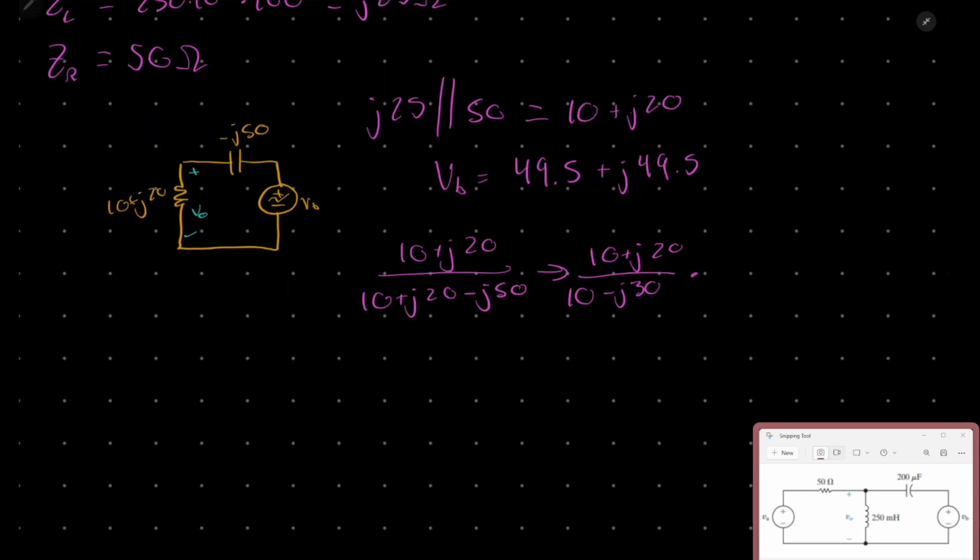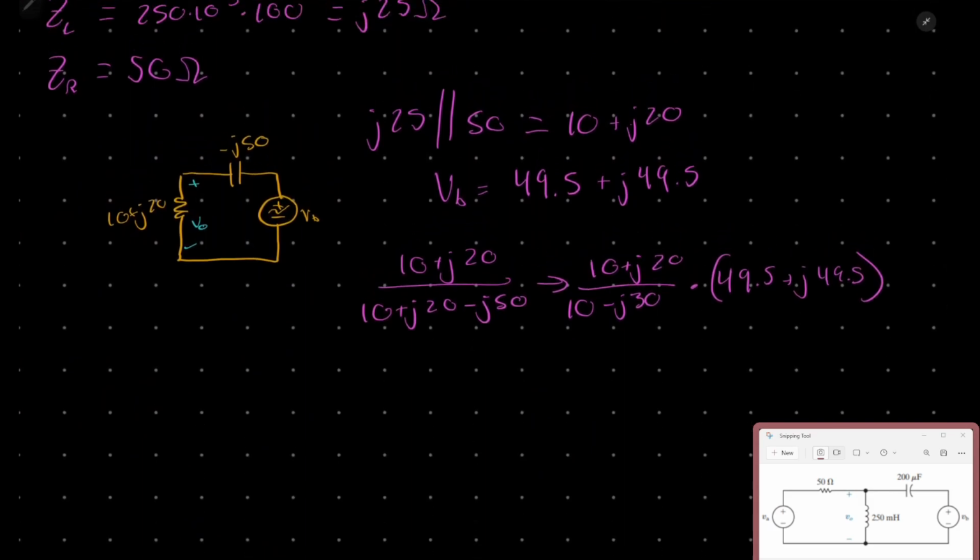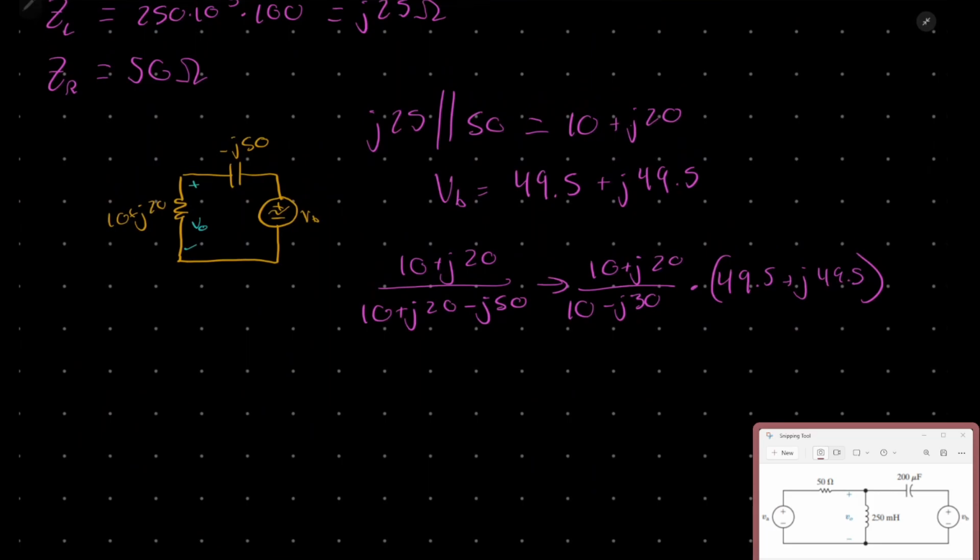And then we'll multiply that by 49.5 plus j49.5. And as a quick suggestion, when using imaginary numbers in your calculator, you want to make sure that you are using parentheses, because I've run into issues where I'm not using parentheses and just the multiplication sign, and you end up with the wrong answer.